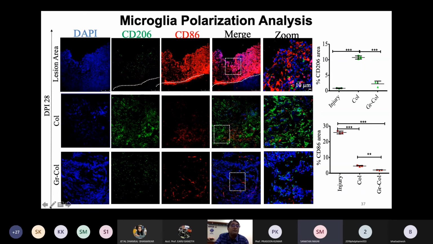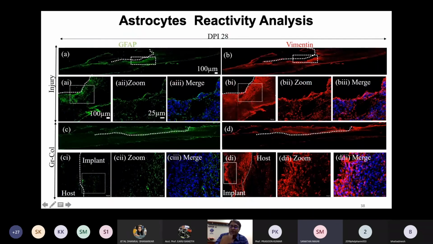Collagen is showing some pro-inflammatory expression of CD206, but CD86 expression is higher than in collagen. If it fully grows, then maybe over a prolonged period of time it may increase the CD86 expression as well. So this shows that it is still controlling the inflammation in vivo.